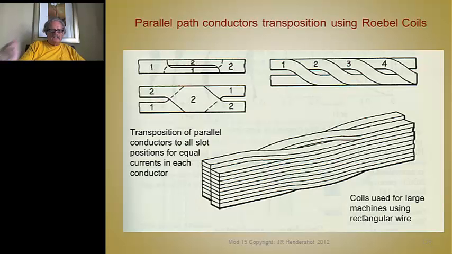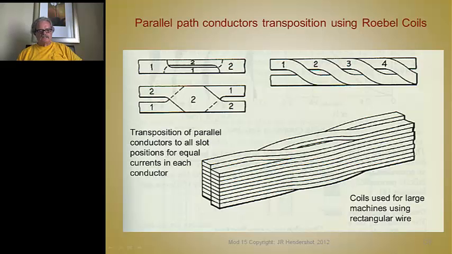This is what a transposed rectangular wire coil looks like. As you can see, let's say that from here to this part of this phase winding is the part that goes down the slots. So the core ends right here.